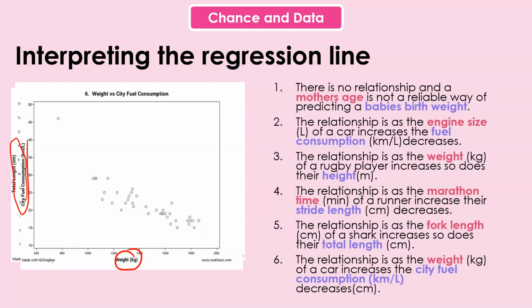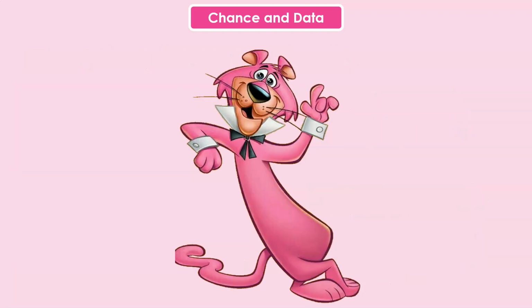You can just relate it to your context. So the key thing is to find the relationship, whether it's positive or negative, and any other features you can find, and depending on that, interpret the regression line. There's a task on your OneNote, complete that.